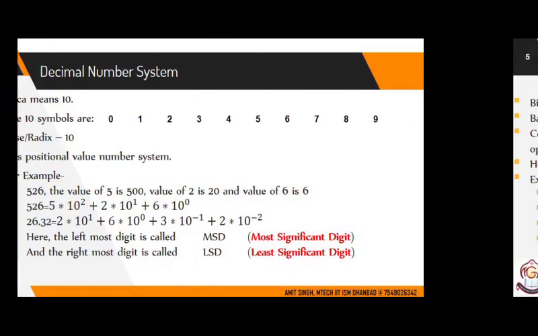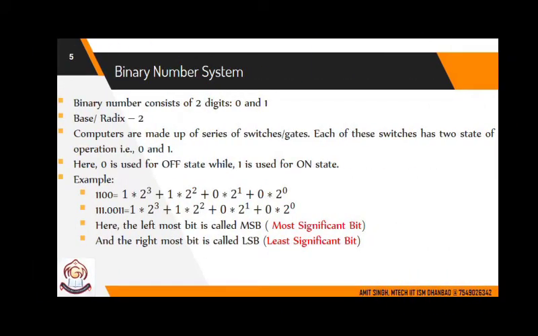Then we will move to binary number system. As we are aware from our childhood, binary means either 0 or 1. So there are only two digits in binary number system, so the base and radix of the system is 2. In computer, 0 is assumed to be off while 1 is assumed to be on state.